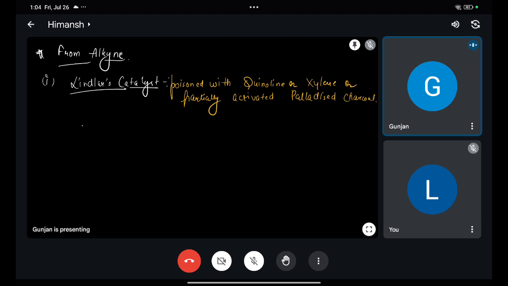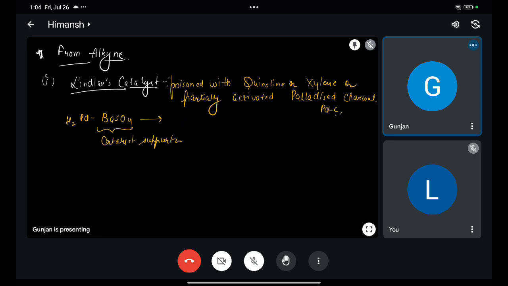So what is Lindlar's catalyst? It is H2, Pd, BaSO4 with a poison. That catalyst system is known as Lindlar's catalyst.